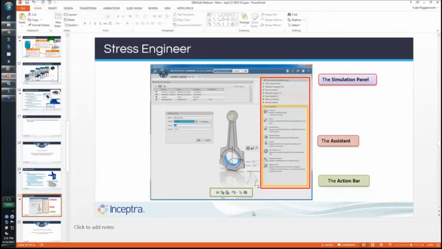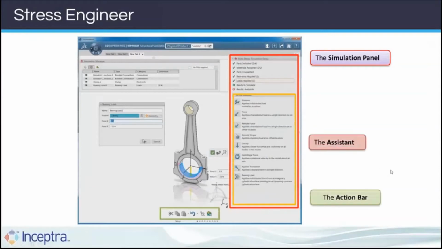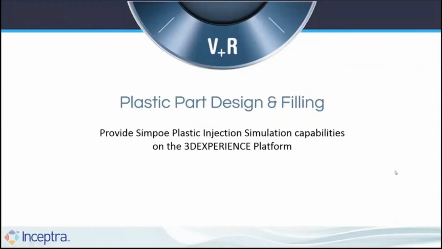So let me just jump back to the presentation, and we'll push on a little further to a different section here. Something that is newly introduced in 2015X is the ability to do plastic part design and filling. So SIMPO, which was acquired specifically for plastic part injection simulation, has delivered an app inside of 2015X from a part designer level to do that type of simulation.